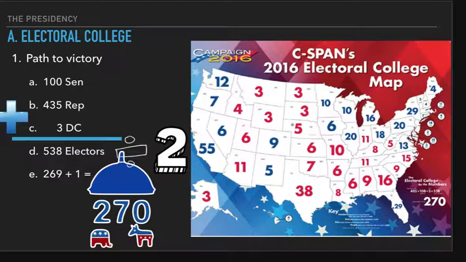We've got to get 270 votes to win the White House. Now, if we don't get 270, then what happens, David? Goes to the House of Representatives. And so if we get into the House of Representatives, now they're going to break that tie, and they're the ones that are going to determine who our new president will be.